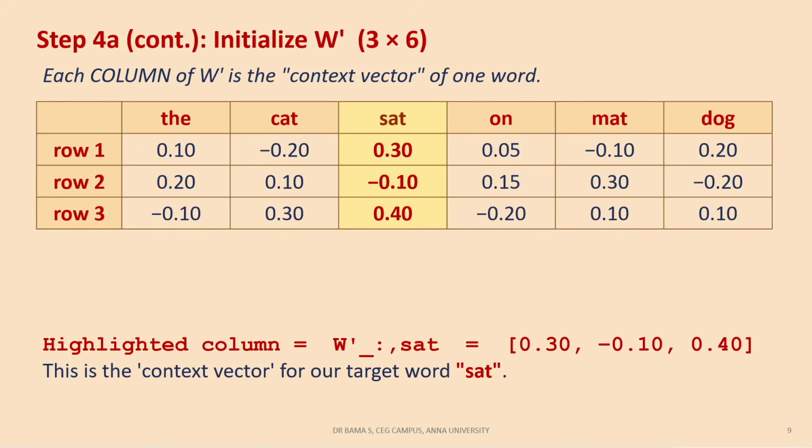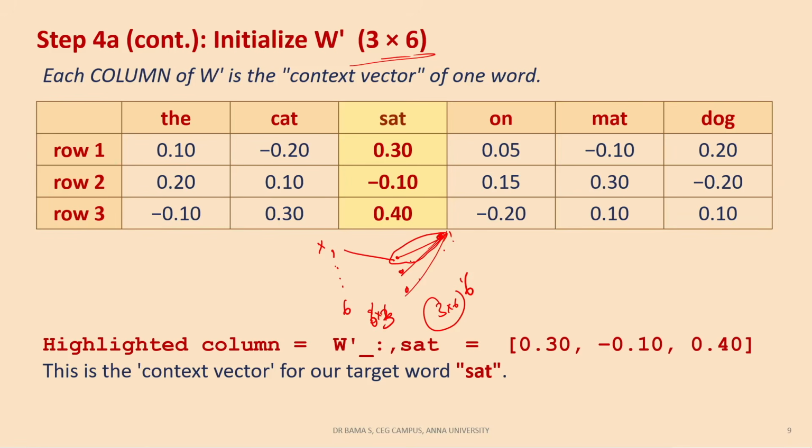W dash is the other side. Remember this is X, we have 1 to 6, then we have 3 neurons, and from the 3 neurons again we have 1 to 6. So this is 6 cross 3, and this is 3 cross 6. This W dash we are assigning as row 1, row 2, row 3, which is for this vector.